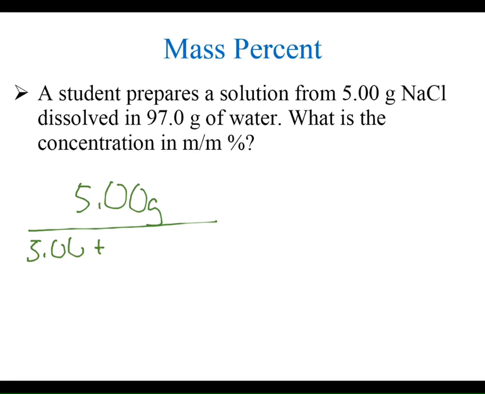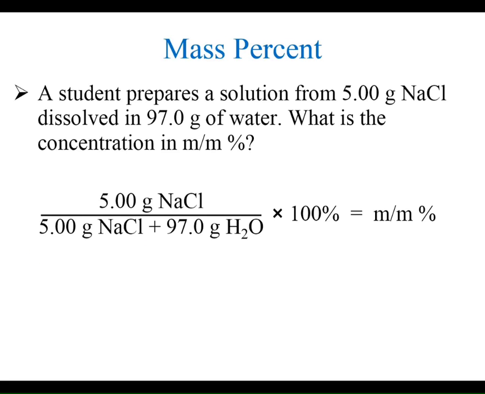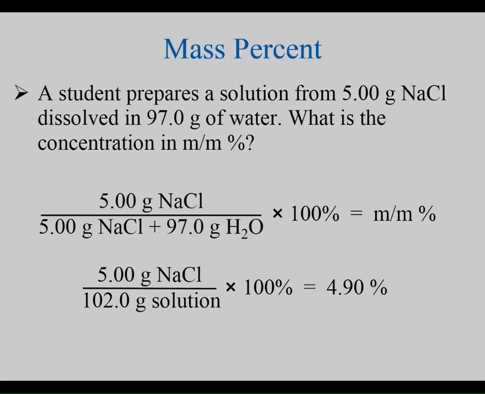So that is 5.00 grams over 102.0 grams. And then it's a percentage, so times 100. Right, you're absolutely right. I got 4.90%.